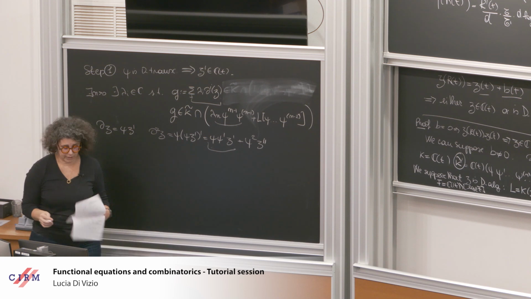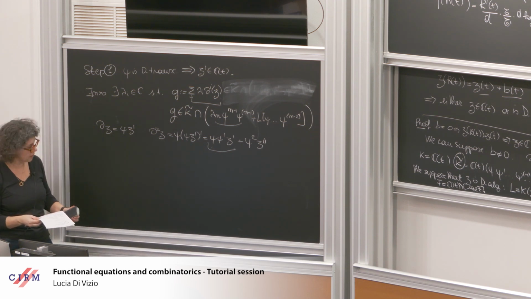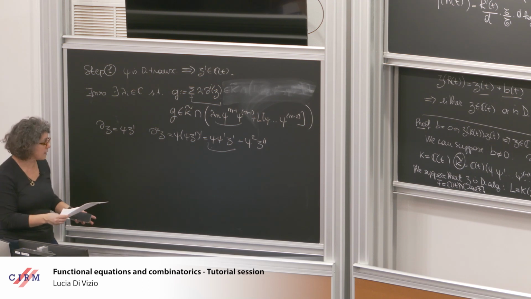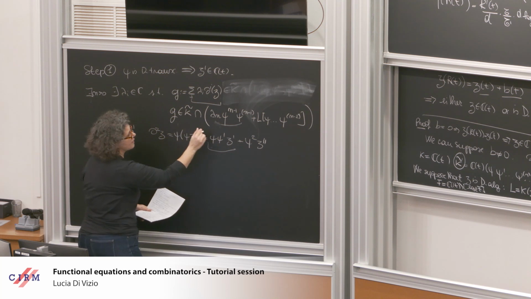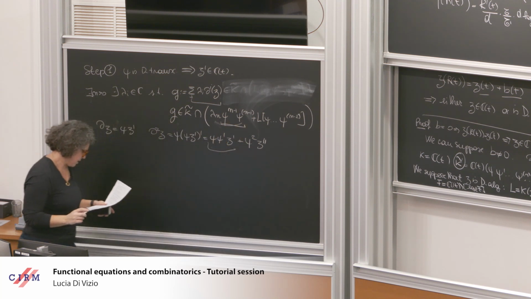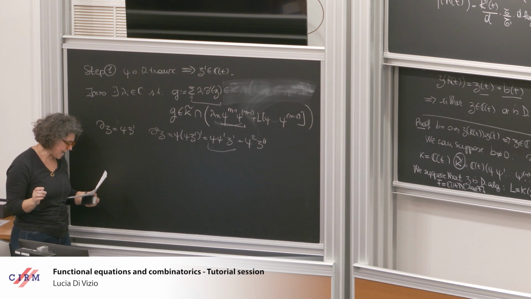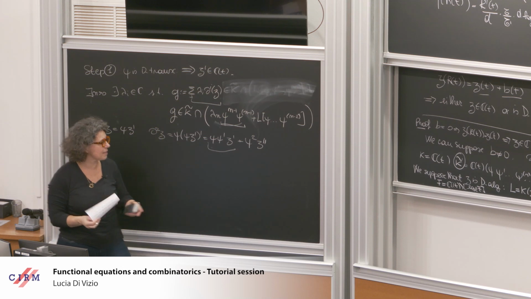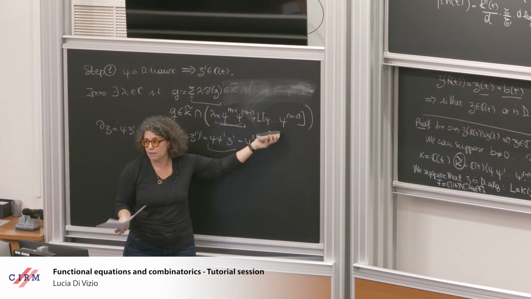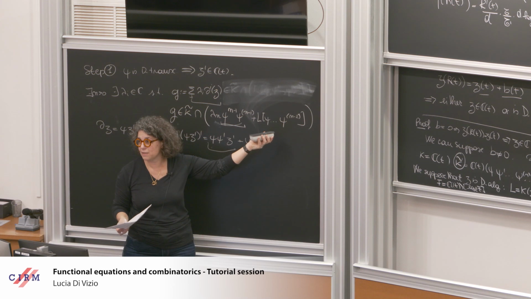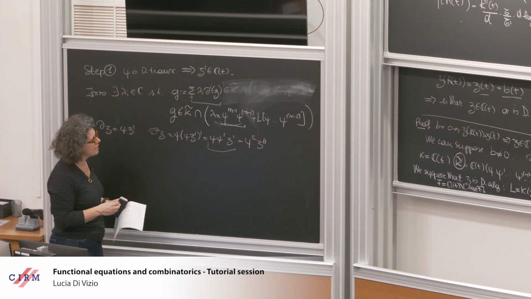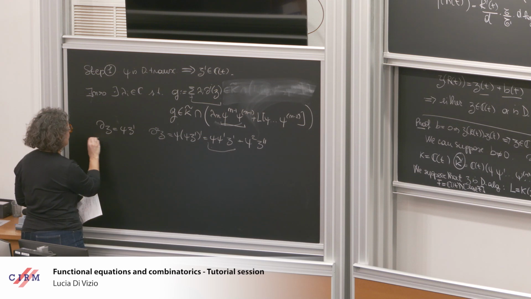You always have a power of psi. So the fact that G starts with this term is just proved by recurrence. And the point is that the fact that psi is transcendental means that all these things are algebraically independent. You can look at this as polynomials and this thing as variables, as transcendental things, and you can derive with respect to them.